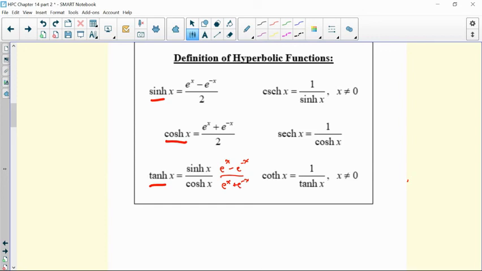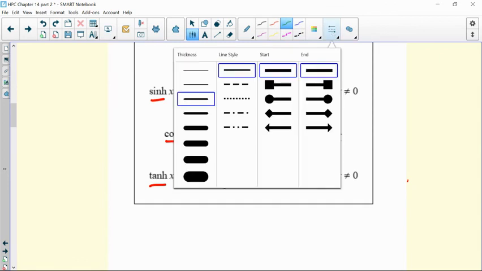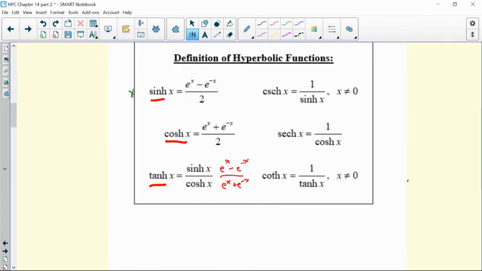Now, sometimes when you're doing these, it gets a little bit long to say hyperbolic sine, hyperbolic cosine. So sometimes we call that sinh and cosh, for shorthand, and that's fine too. But I don't know if there's a universal verbal shortcut for the other 4 hyperbolic functions.